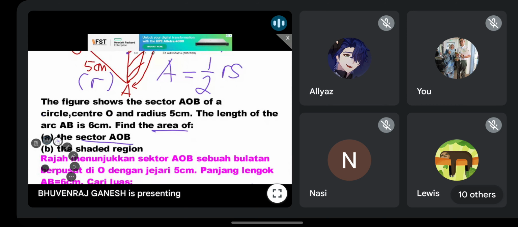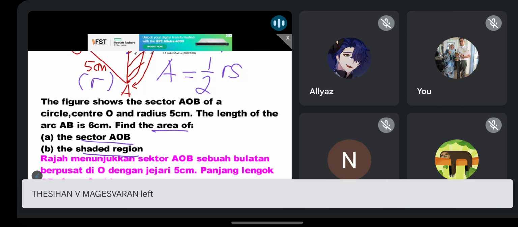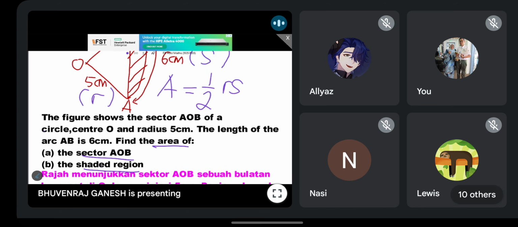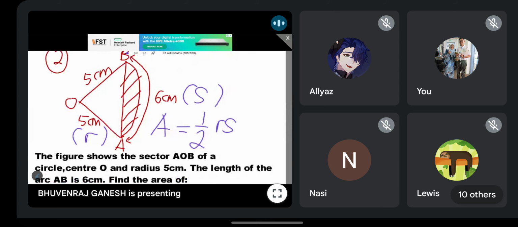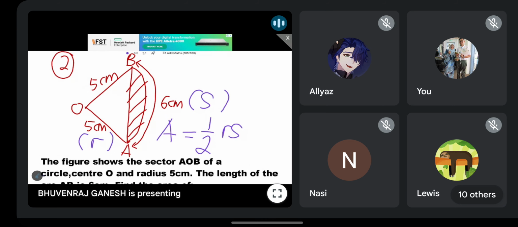Alright, so next one. Shaded region, kawasan berlorek. Okay, what is the formula we use over here? Tadi pun kita belajar yang ni. What is the formula? Yang ni adalah tempering, area of segment formula. Cuba type kat saya, apa rumus dia?